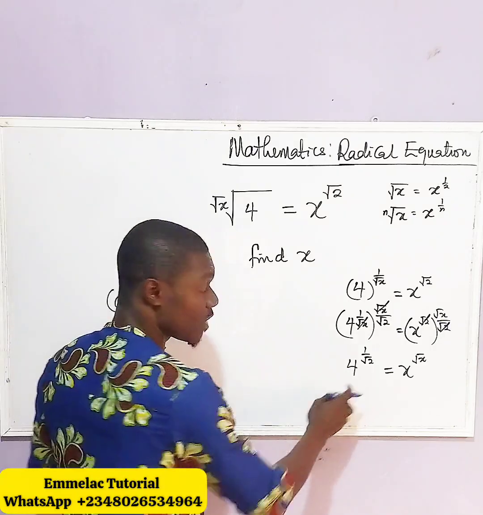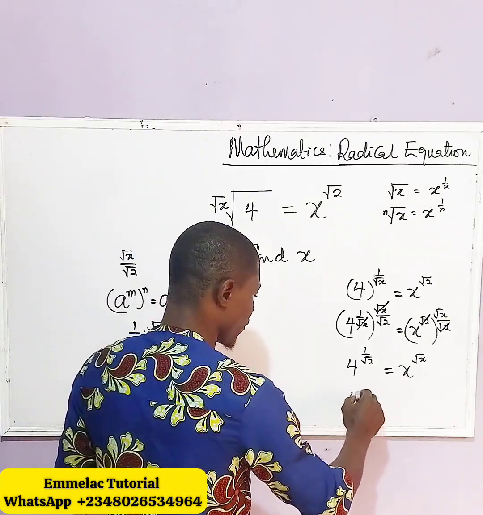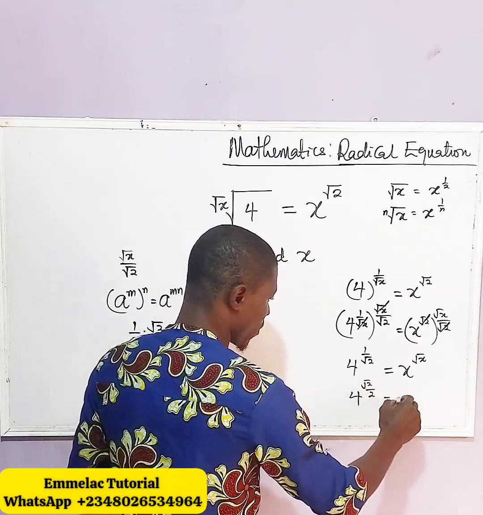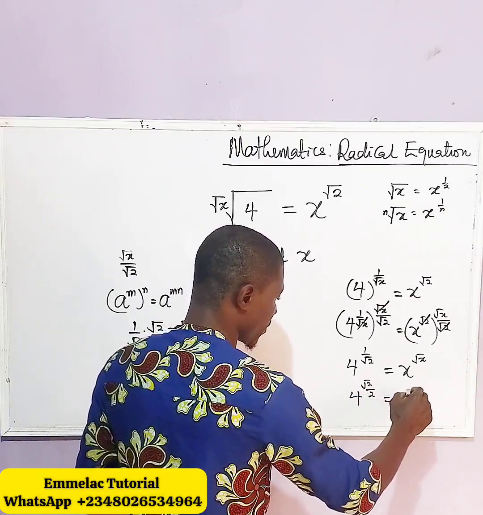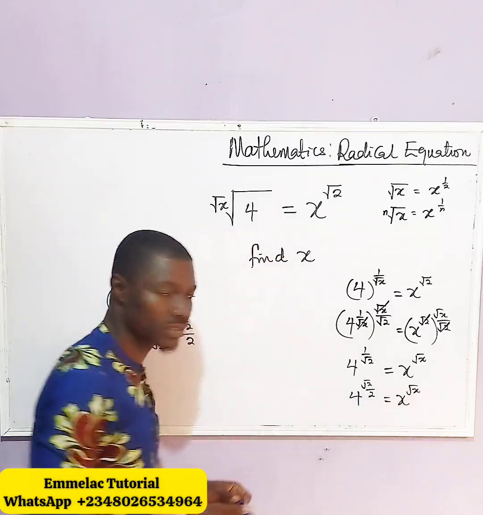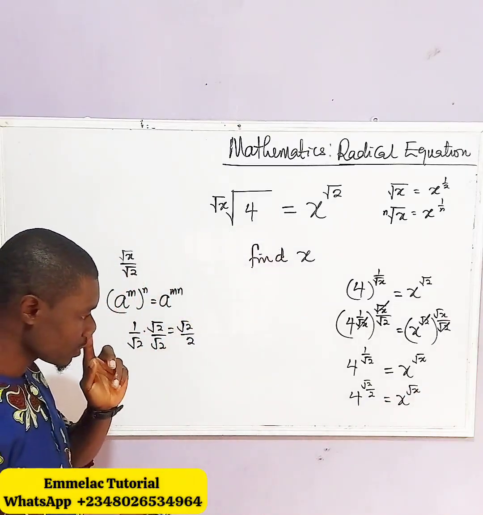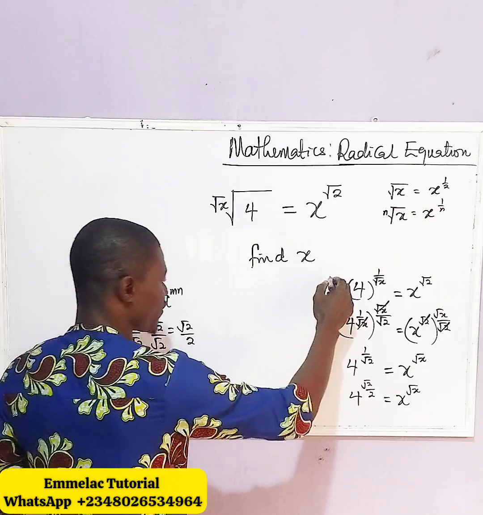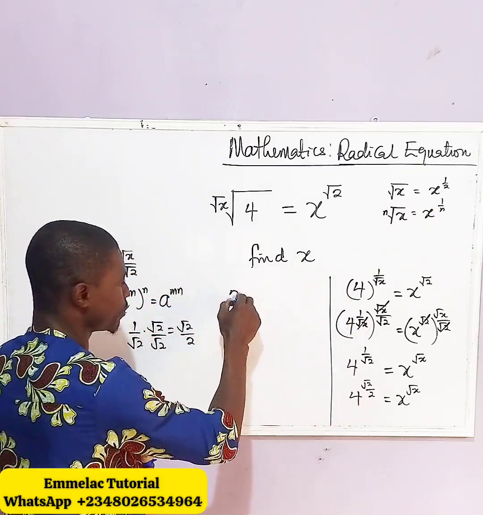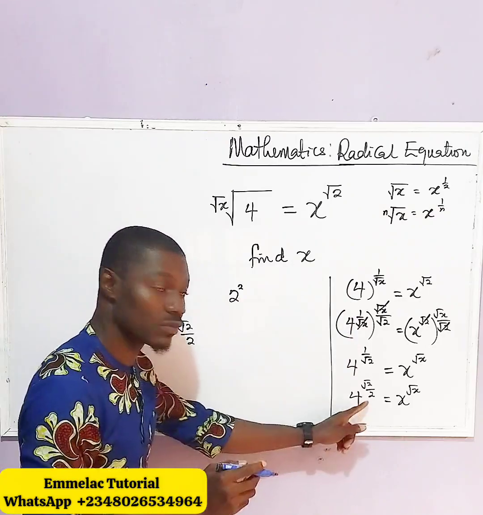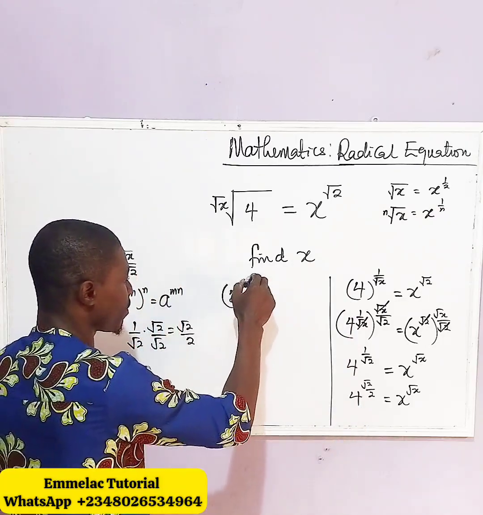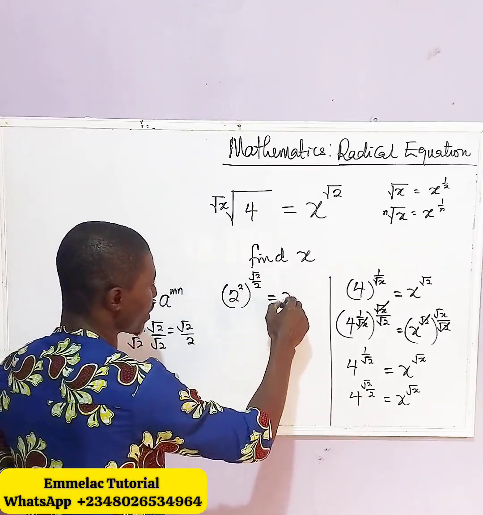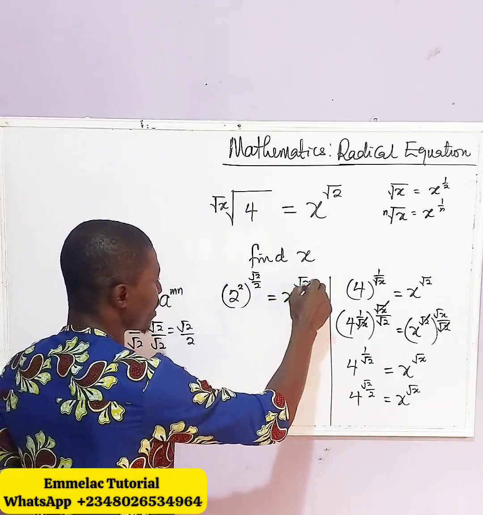So the left hand side of the equation becomes 4 raised to the power of the square root of 2 all over 2, then equals x raised to the power of the square root of x. Let me reduce 4 to a base of 2, so that will give me 2 raised to the power of 2, all raised to the power of the square root of 2 all over 2, then equals x raised to the power of the square root of x.